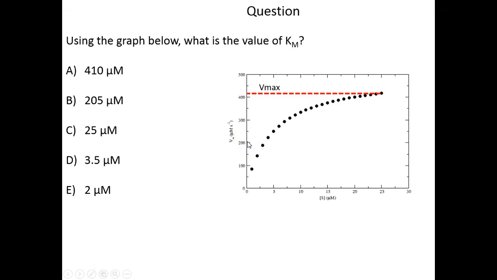But I defined Km as the substrate concentration at 1/2 Vmax, and substrate concentration is found on the x-axis. So what we need to do is draw an imaginary line to our curve until it hits the curve from 1/2 Vmax, and then drop that line down until it collides with the x-axis. And that point there on the x-axis is roughly 3.5, which is where we get D.